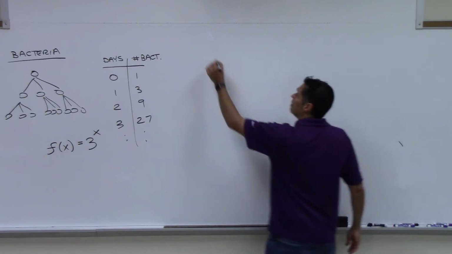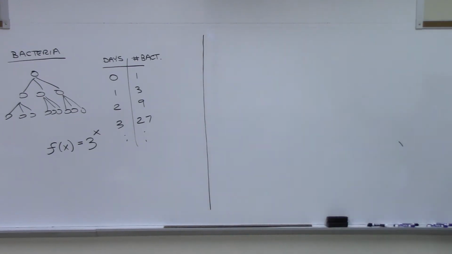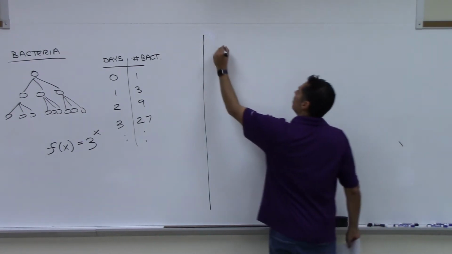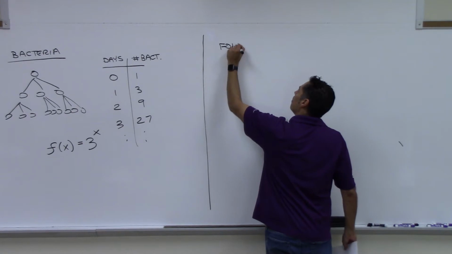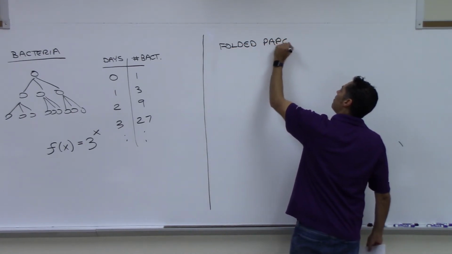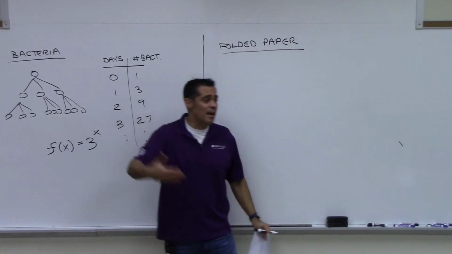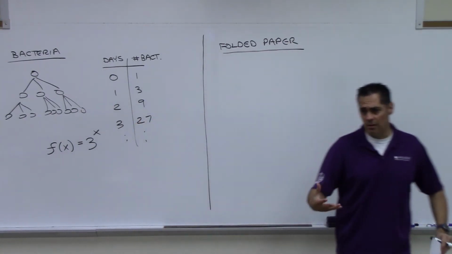Now I want to give you another example, a different example. I'm going to call this the folded paper problem. Remember that the things I'm showing you here are just to motivate the idea of exponential functions, right?